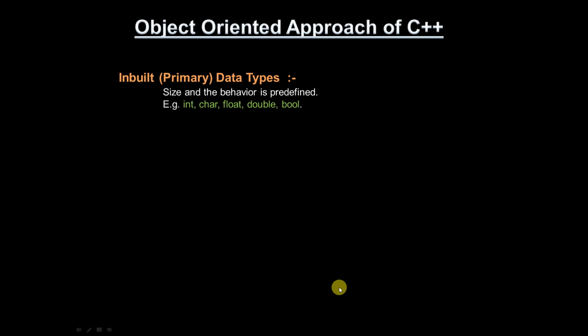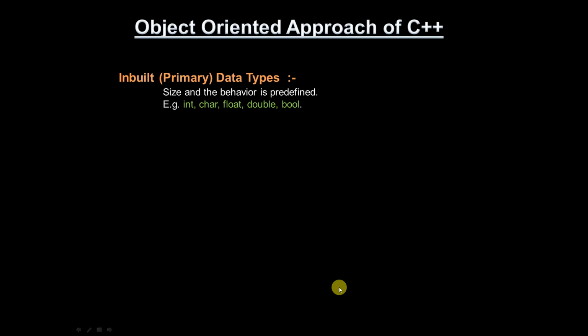These inbuilt primary or primitive data types are those whose size and behavior are already predefined. Before you write the program itself, you will know the size of the data types. Examples are integer, character, float, double, bool.